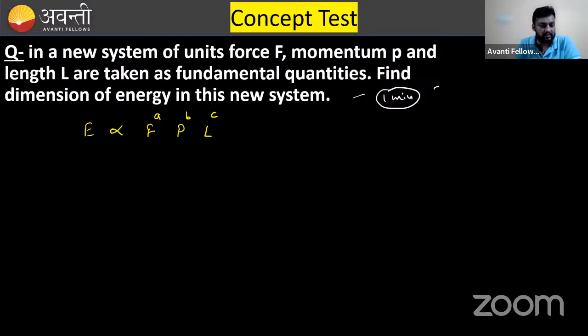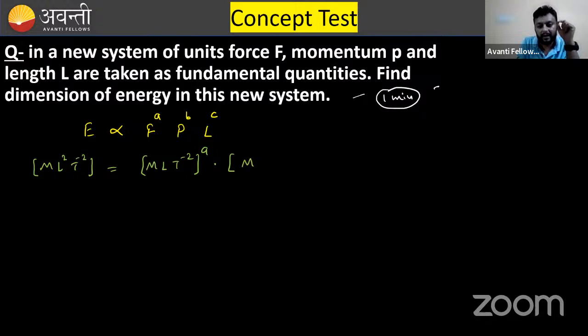So, if I start by writing the dimension of energy, that is ML square T minus 2. On this side, the constant will have no power, no dimension, so I'm not writing it. Dimension of force is MLT minus 2 raised to the power A. Pressure is force upon area, so you can write the dimension of pressure as MLT minus 2, that is force, divided by area, that is L square.